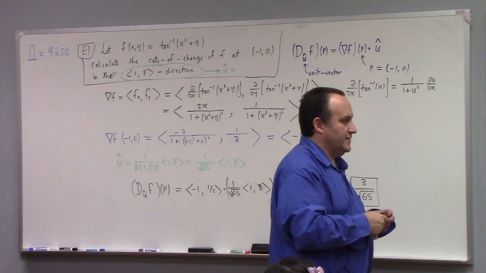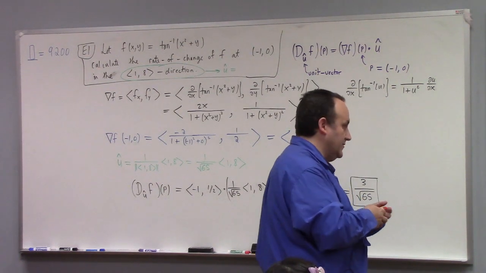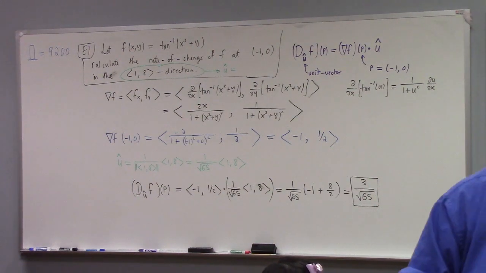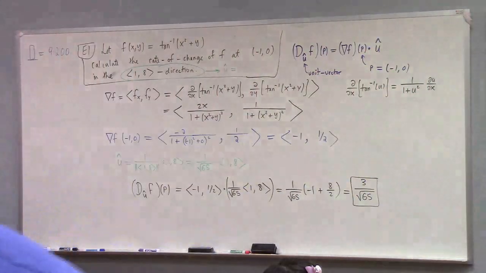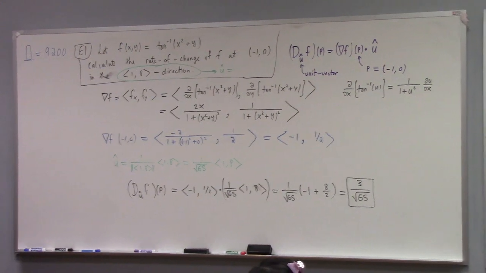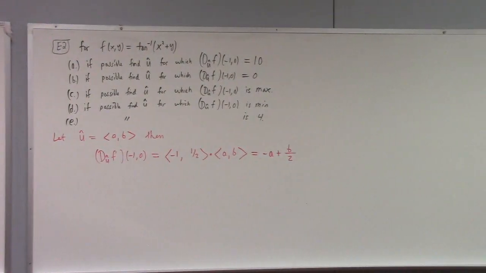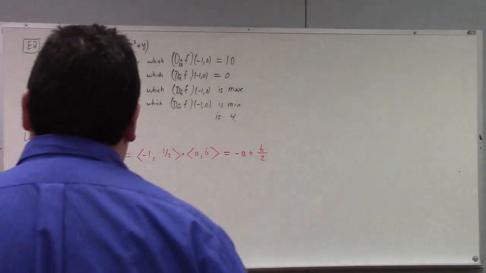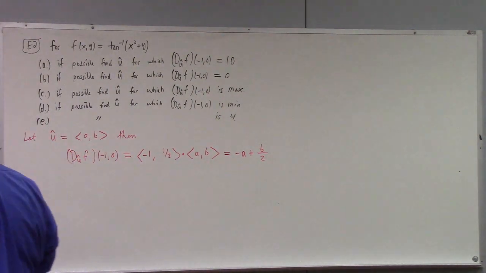But what else do we have here? What's another formula that you can look at? I heard a squared plus b squared equals 1.